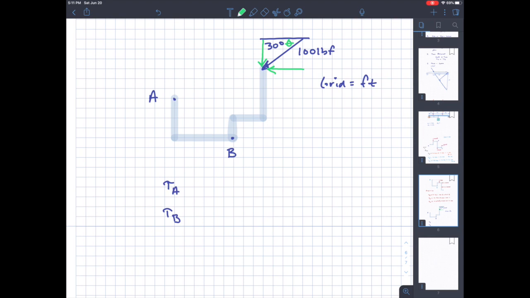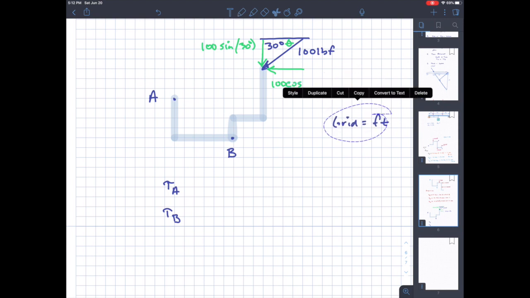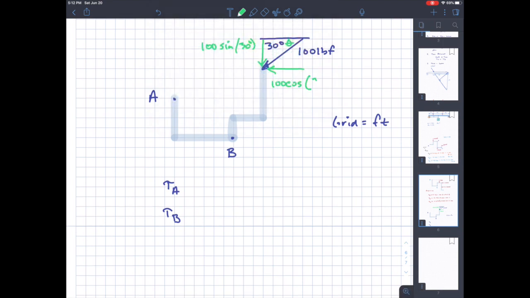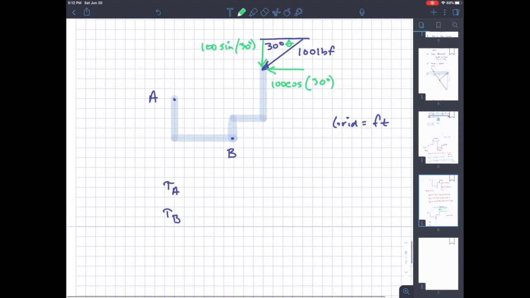So this would be 100 sine of 30 degrees working down, and the horizontal force would be 100 cosine of 30 degrees working back to the left. From there it's just a matter of applying these lines of action like we did before.